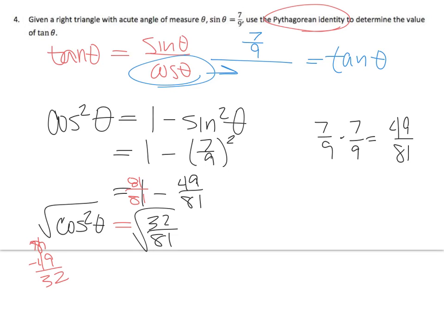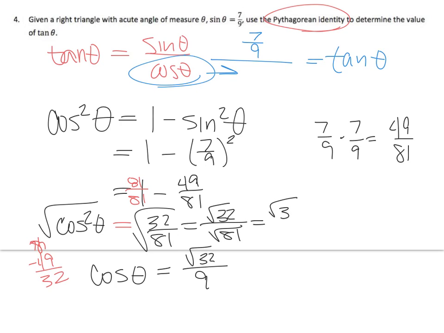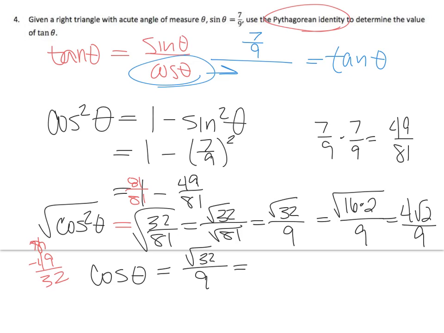So square root of both sides: cosine of theta equals the square root of 32 over 9. Remember, 32 is 16 times 2, so we have our answer for cosine of theta, 4 square root of 2 over 9.